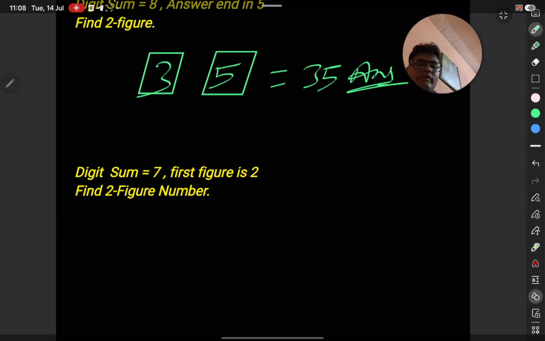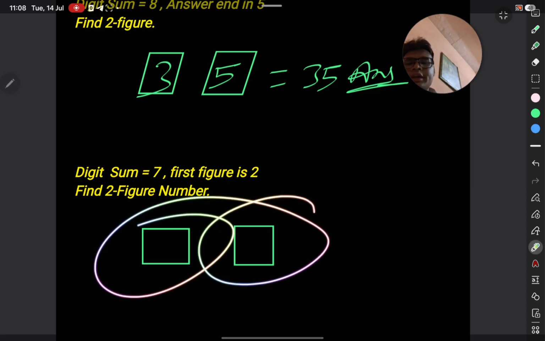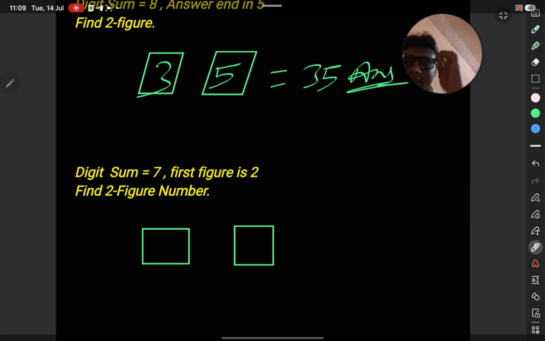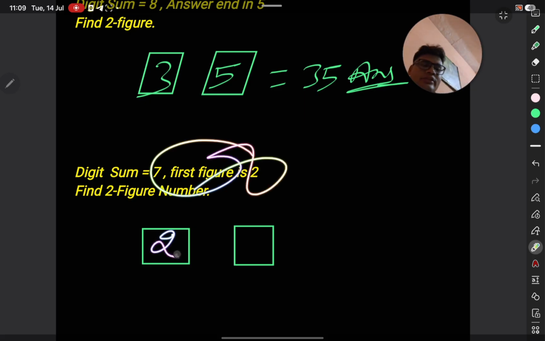So what will we do? Here is a two figure number, we are drawing it for understanding the topic: first figure, last figure. Here the first figure is given as 2, so the first figure is fixed, which is 2.